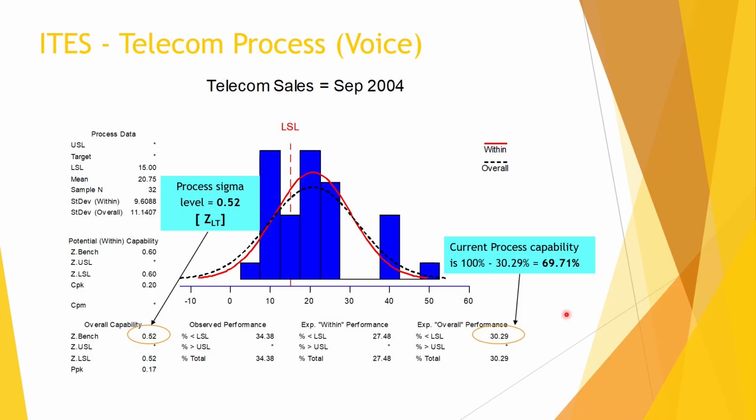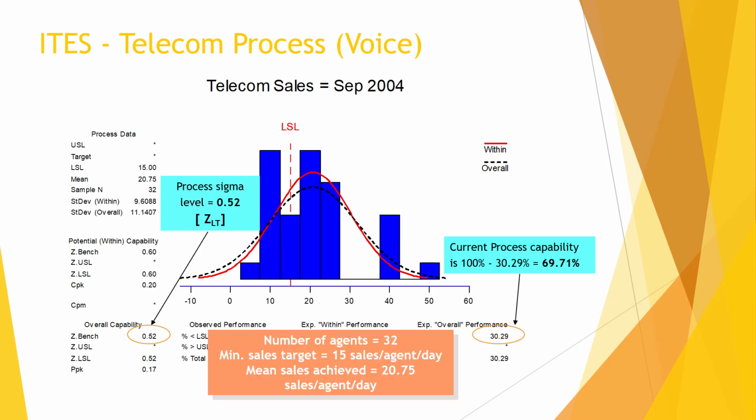Absolutely not. Improvement is needed. And so if you're sitting there wondering how it was calculated, you take the 100% minus the 30.29%, and this is not good at all.